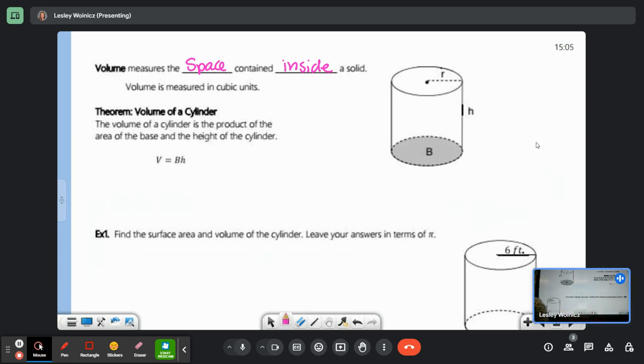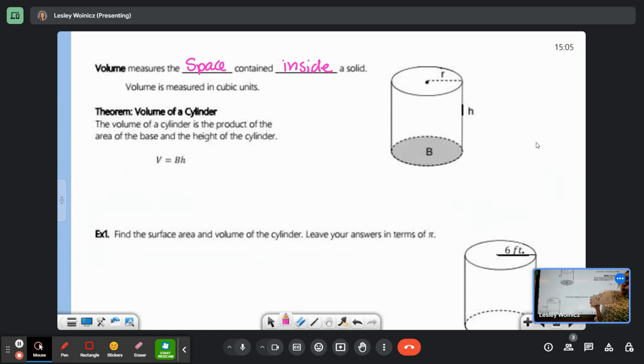So it's a little bit hard to think about actually with a cylinder first, because a lot of us are much more familiar with a rectangular prism. Like we all know that in order to get the volume of a box, we do length times width times height, right? I just have a tissue box.